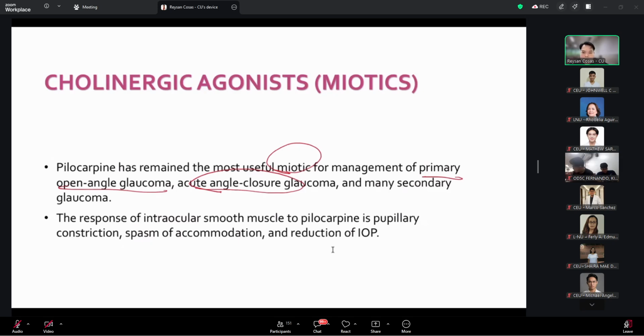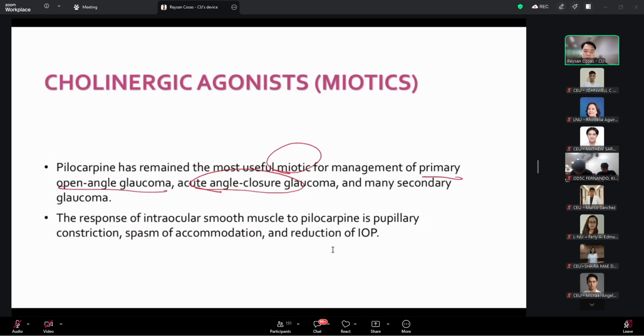I also mentioned previously that pilocarpine is an alkaloid. Because it is an alkaloid, it exhibits affinity for the muscarinic receptors. Remember, muscarinic receptors are disseminated around the body.